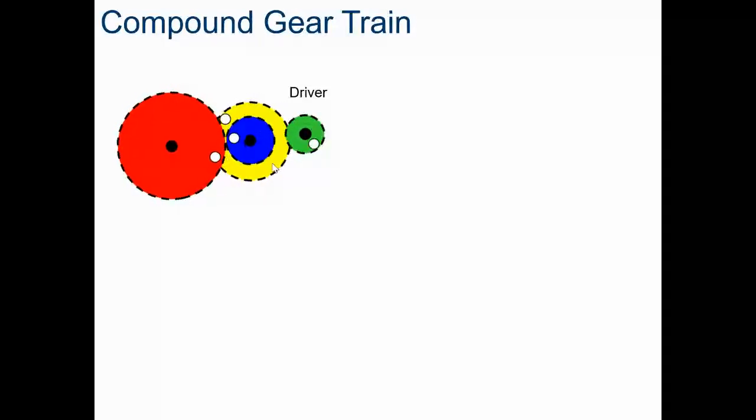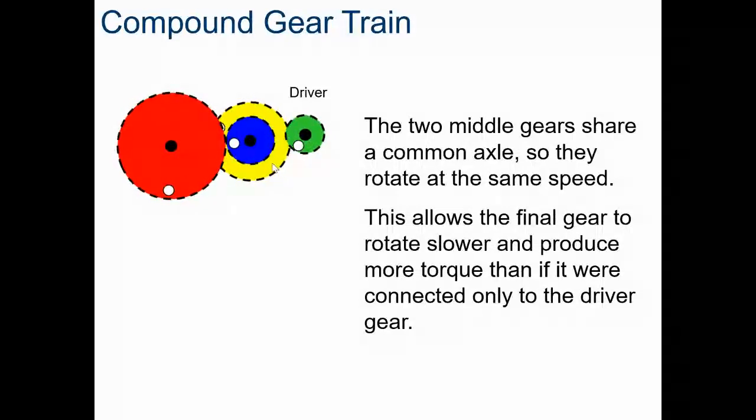We have two separate gear trains, and we just multiply them together to get the overall gear ratio of the system. Anytime we have a compound gear train, the common aspect is that the output of one gear train is sharing a shaft or an axle with the input of the next simple gear train.